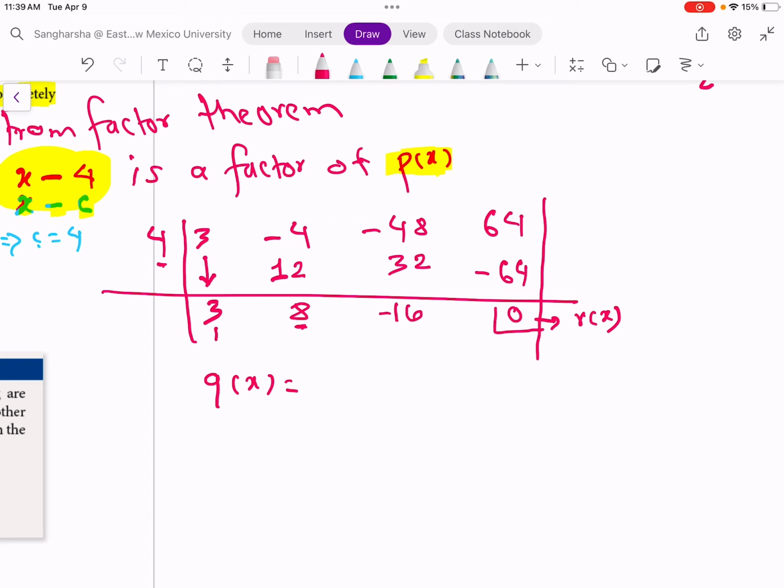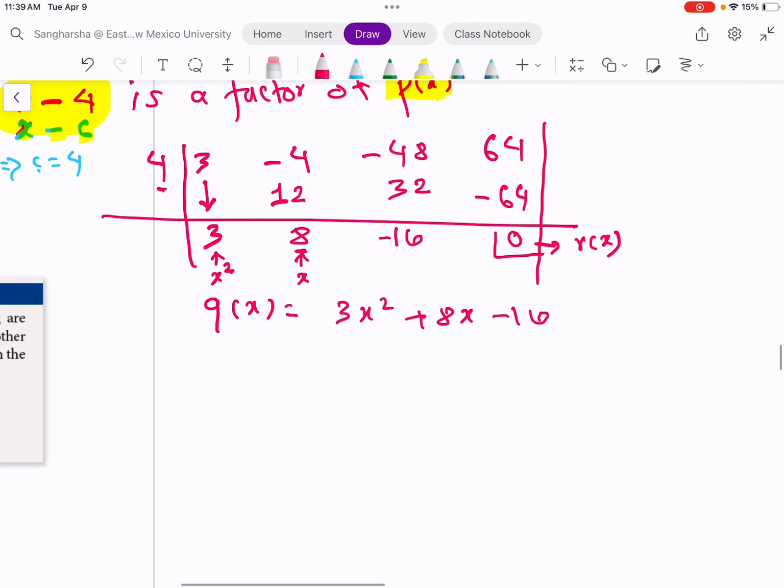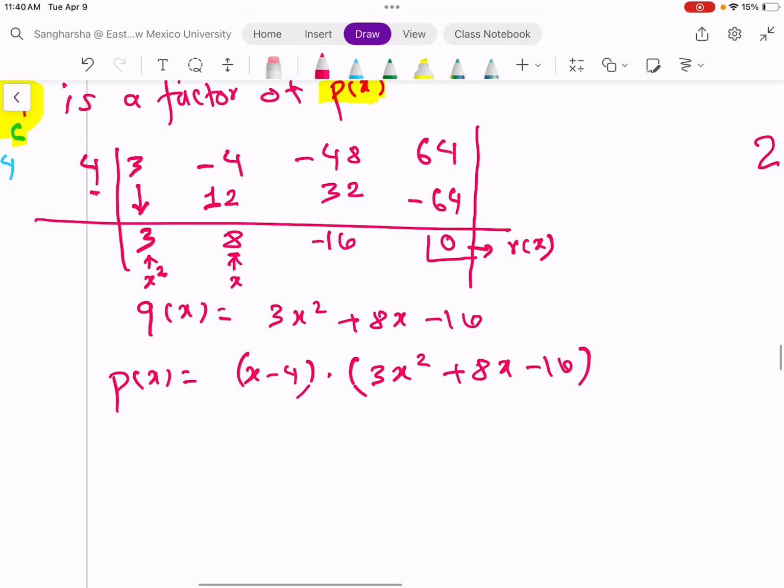Then you write in descending order: this is the coefficient of x, and this is a constant. So we have 3x square plus 8x minus 16. Now our p of x is the divisor x minus 4 times our quotient 3x square plus 8x minus 16, plus the remainder. The remainder is 0.